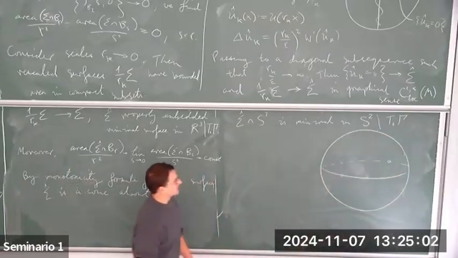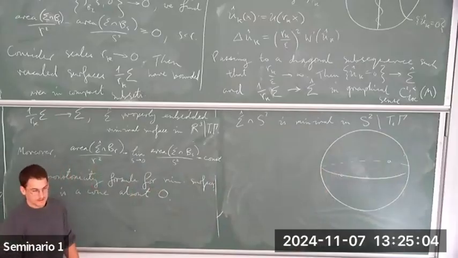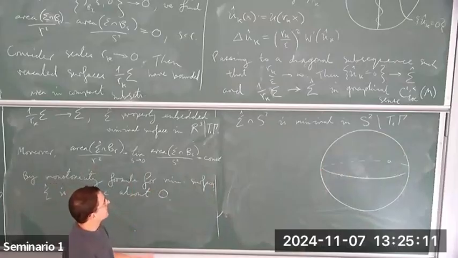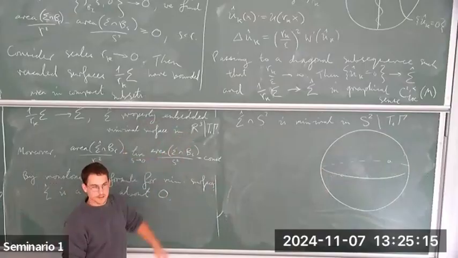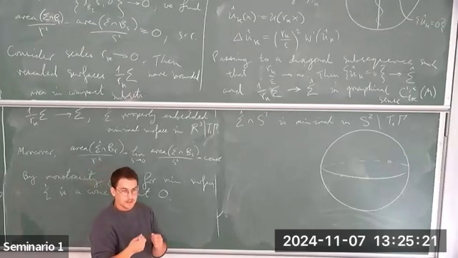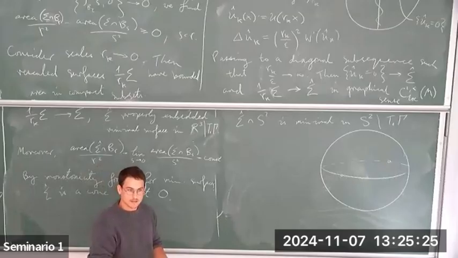So we look something like this. This is S2 minus the poles where T0 gamma hits, and sigma hat is something minimal and properly embedded in this space. So clearly it has to be comprised of geodesic arcs.